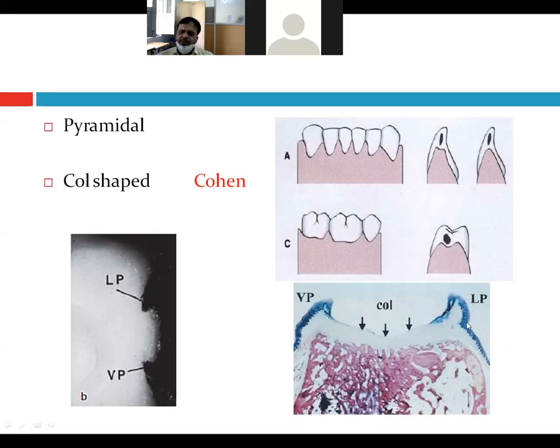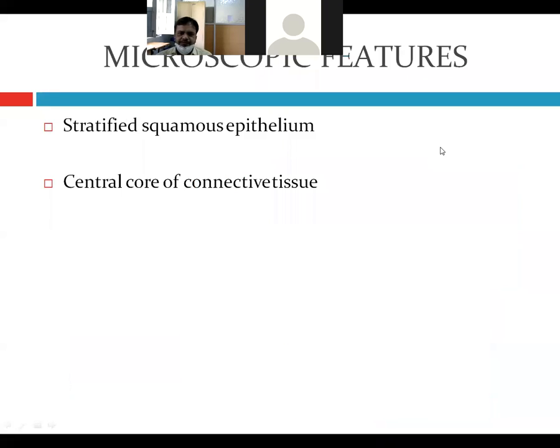These two elevations and one depression below the contact point is called the col. So interdental gingiva is pyramidal in anterior regions and flatter mostly in posterior regions. This structure is the contact point. The contact point usually determines the width of the interdental gingiva.